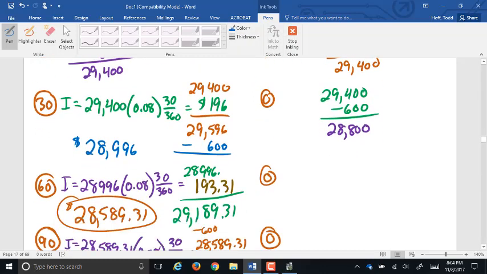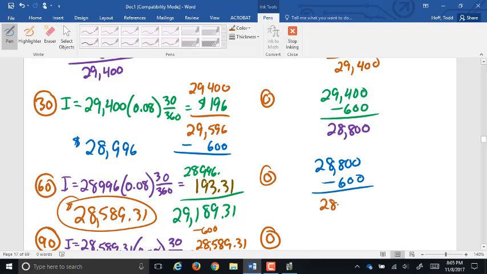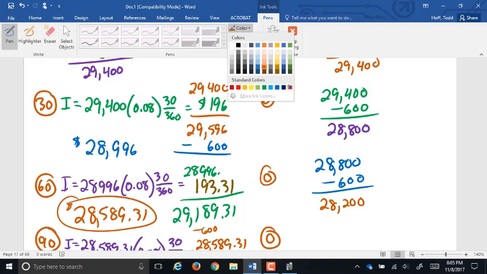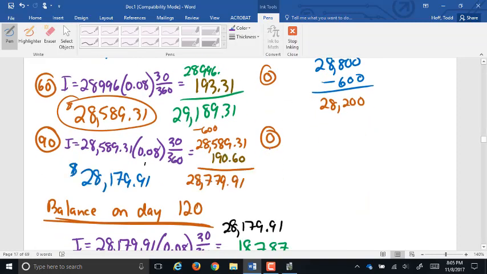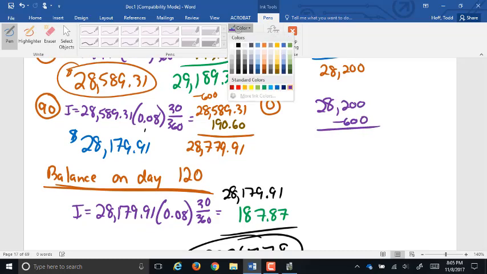The third payment starts at $28,800 minus $600, $28,200. The fourth payment starts at $28,200, minus 600. Is it 27,600?